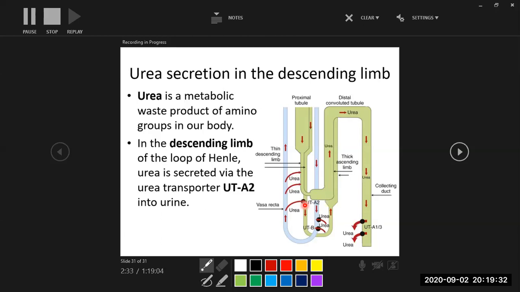And that is also the target. To block it is a target for the drug, so-called loop diuretics. And that's a drug for treating heart disease and hypertension.